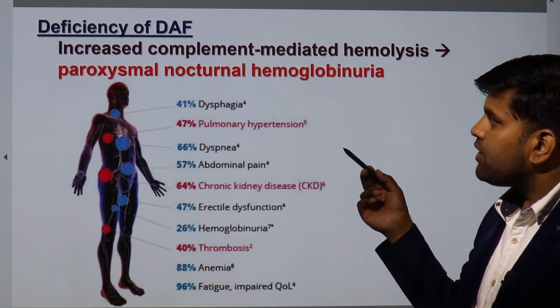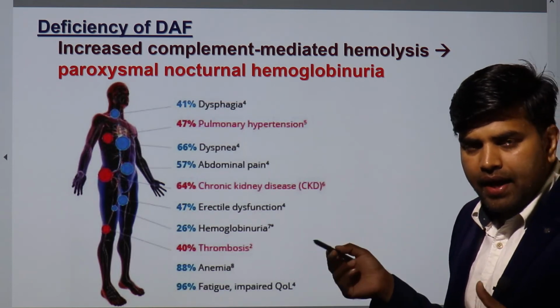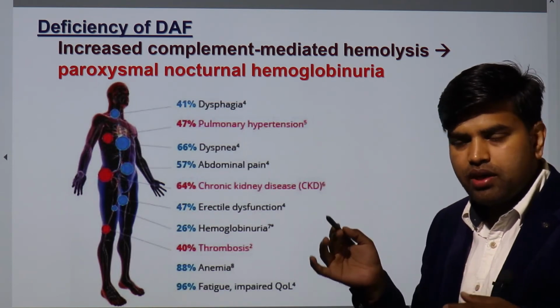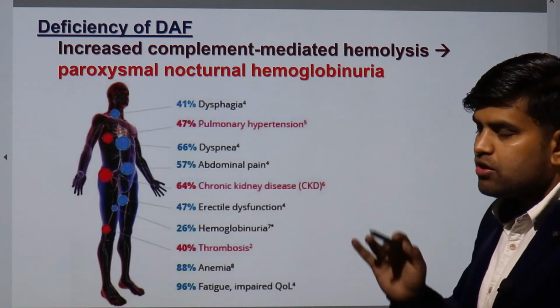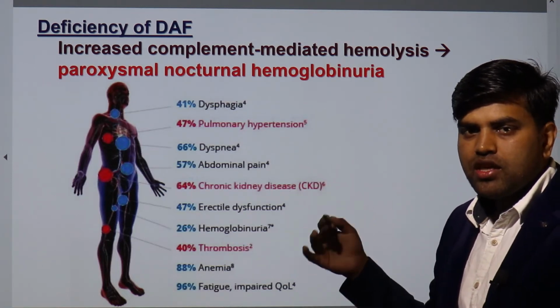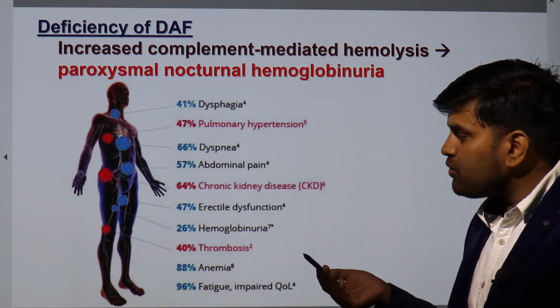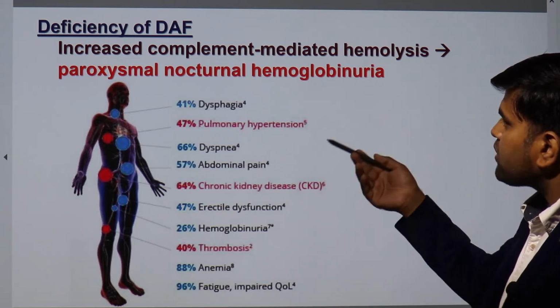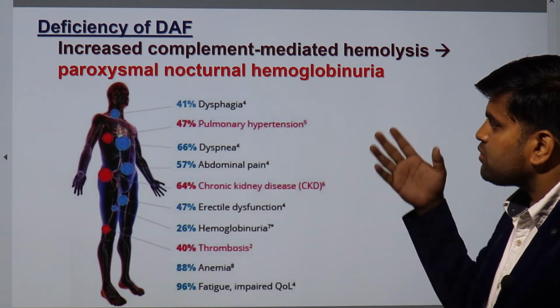So a deficiency of DAF will allow the activation of your complement pathway, because DAF prevents complement activation in the normal resting state. If DAF is deficient, the alternative pathway is activated continuously, and because of that we will develop paroxysmal nocturnal hemoglobinuria.